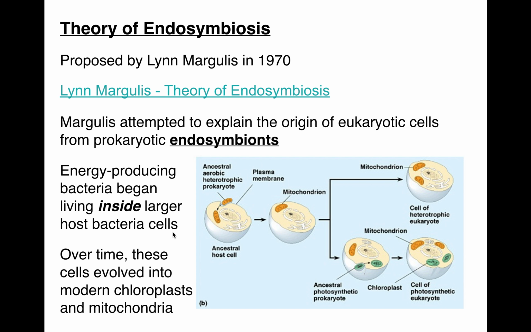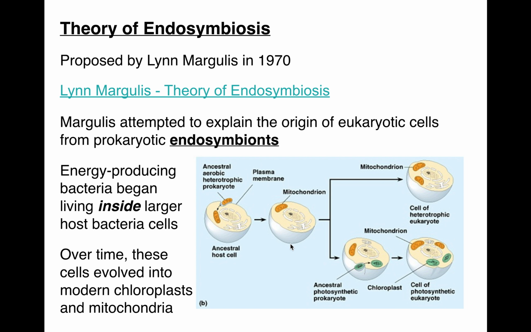So in the picture, what you're looking at is some type of cell that merged with another type of cell that was prokaryotic in nature. So a prokaryotic cell merged with another prokaryotic cell, and this second prokaryotic cell was now living within the first prokaryotic cell, the larger prokaryotic cell, the host cell.